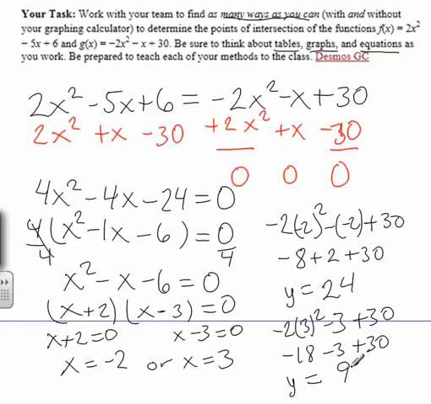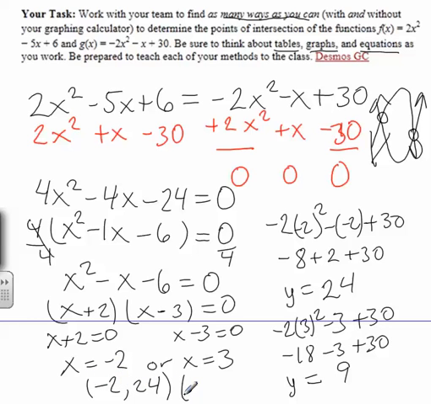So when we put the pairs together, we've got two ordered pairs, 2 points, 2 places where these curves intersect. Because the graphs are going to look something like this. It's an upside down parabola and a right side up parabola, and therefore there are 2 places that have an intersection point. One of them negative 2, 24, and the other one is at 3, 9.